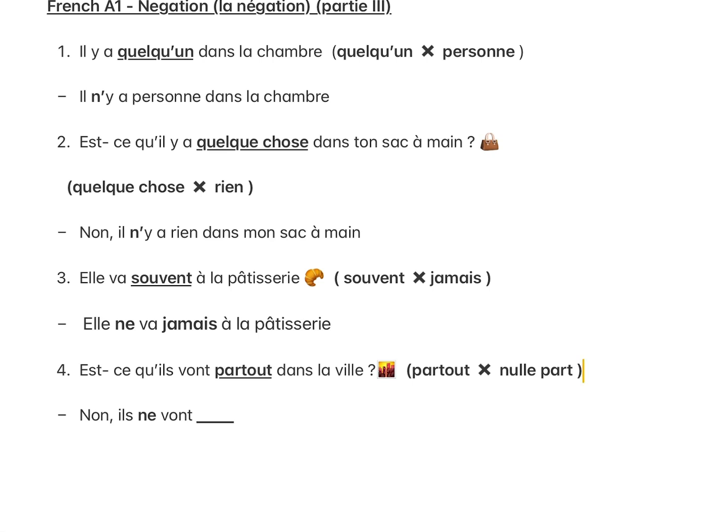Est-ce qu'ils vont partout dans la ville? Do they go everywhere in the city? Again, our focus is on partout. Partout means everywhere, and the opposite would be nulle part.